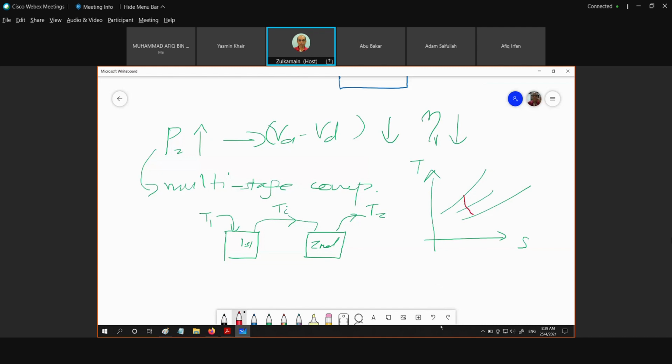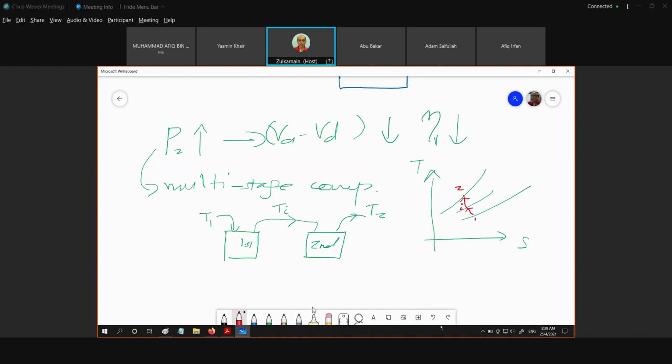Ni dia. Polytropic compression. 1, I, 2. Kita dapati as though that it's still being the work input ataupun the IP is still the same. It does not give any effect. Tapi kita akan maintain atau kita akan increase back our volumetric efficiency.